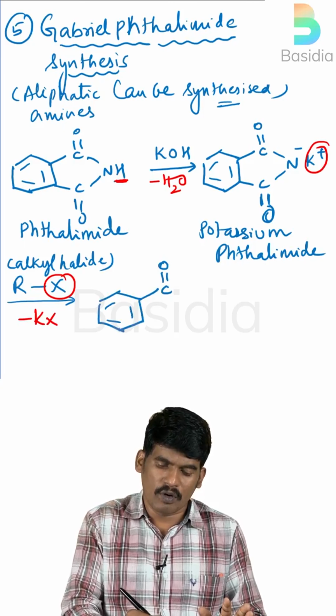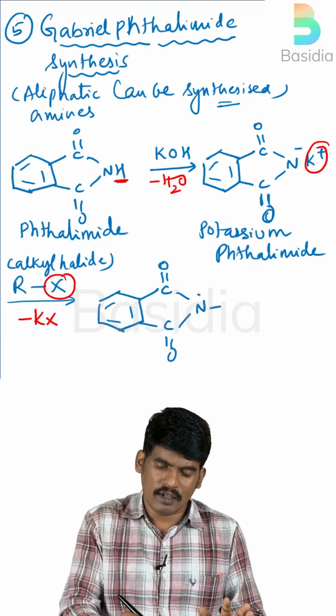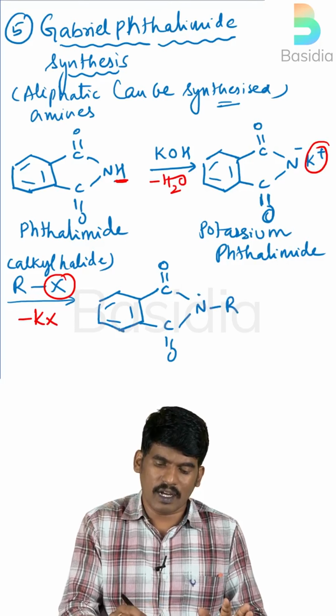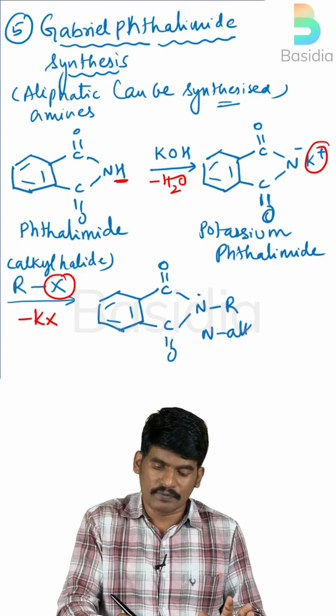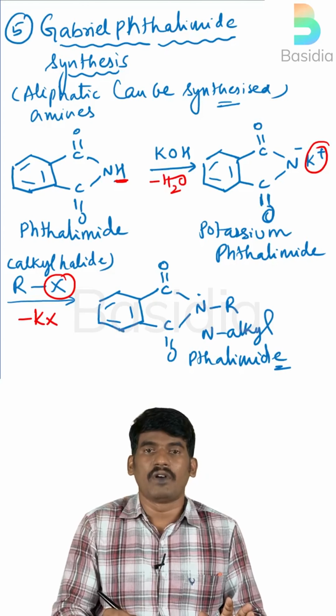C double bond O, C double bond O, N minus has reacted with this R and it forms a compound, not a salt. That's why I have written NR. This is N-alkyl substituted phthalimide. N-alkyl phthalimide, we got it.